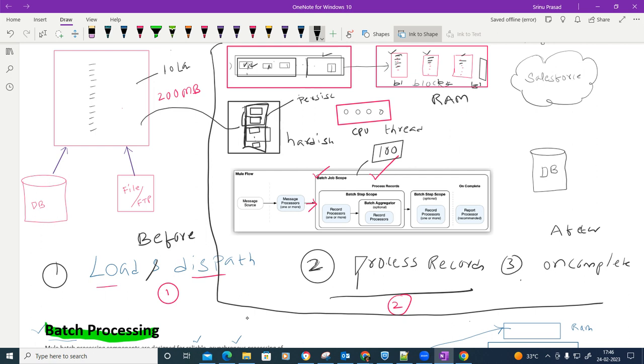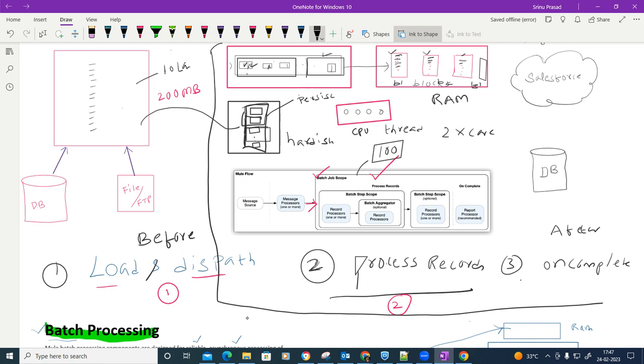If your server is quad core, four CPUs, then eight threads will be created. If it is octa core, then 16 threads will be created. Two times the number of cores. Assume my system is a two core system, so I have four threads created.